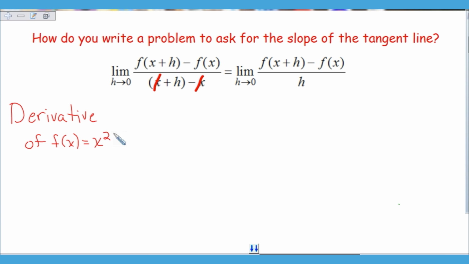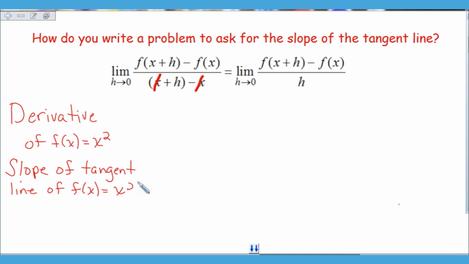That's our guy that we started with in the beginning. Or we're going to find the slope of the tangent line, right, they all mean the same thing, slope of the tangent line of f of x equals x squared. Okay, same thing.